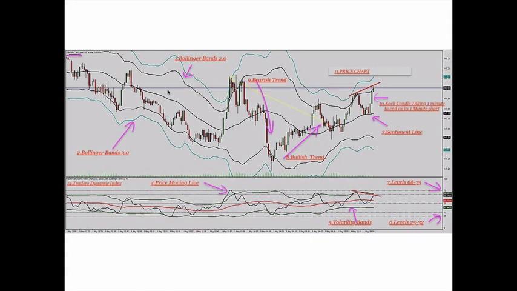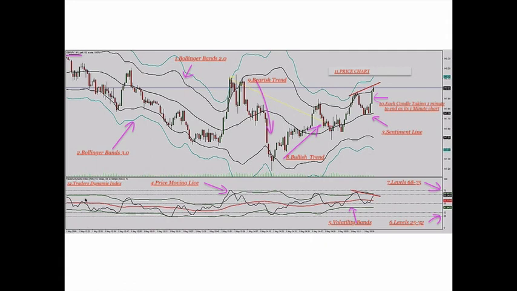Now, the fourth thing, where is it? Okay, the price moving line. As you can see, this line is just a reflection of the price. As you can see, the candles move up, down. So this is how the price is depicting the candles.